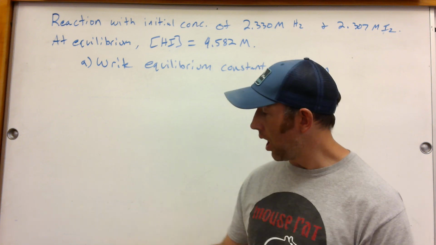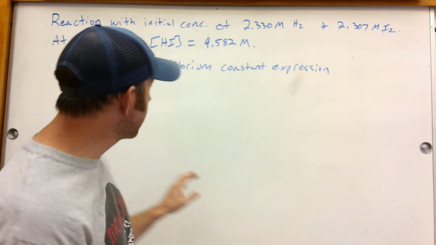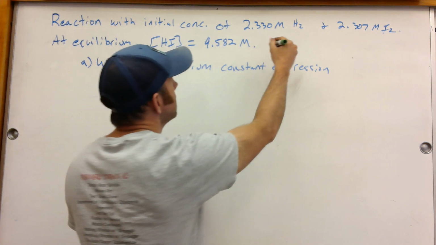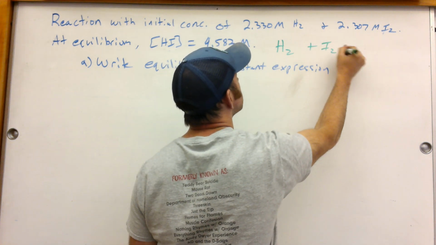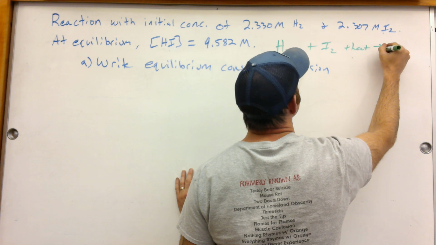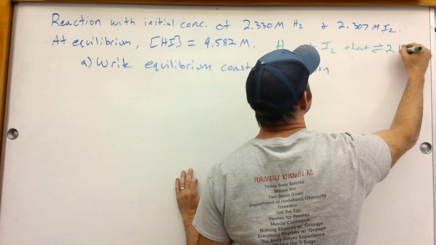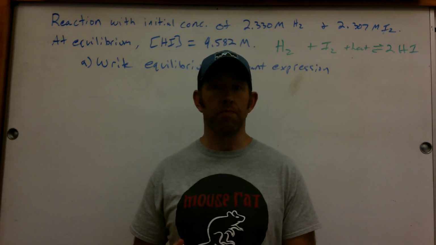On the actual paper itself, I did give you the reaction, so this would be H2 plus I2 plus heat will yield 2HI, right? I gave that to you already in its balanced form.